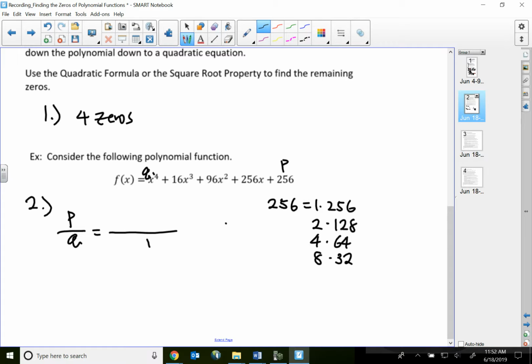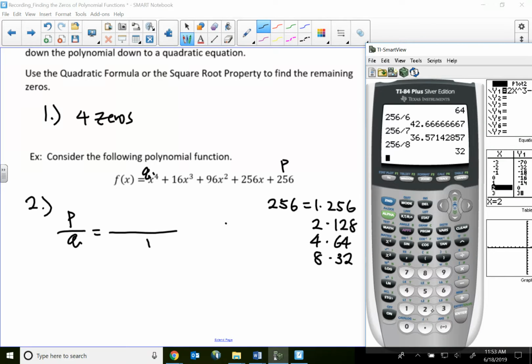All right, 9, 10, 11. I know 10 can't go into 256. Let me try 11. Nope. 12 was worth a try. So far, I've only been getting even numbers. 13, 14, 16. 16 will work.